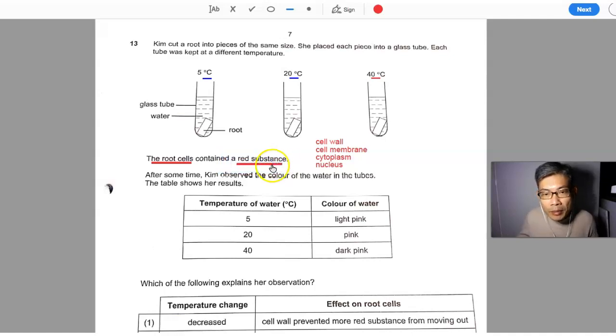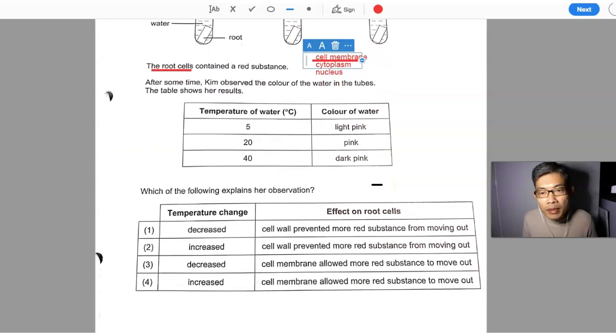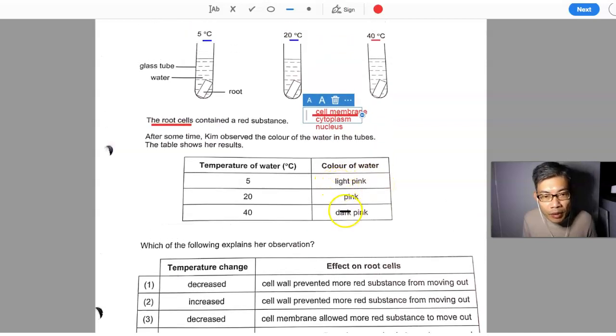And somehow the red substance, and water, you know, it is transparent, right? Some of the red substance could get into the water. You see, it became pinkish or dark pink. So how did it get through? Which of these actually has a function of controlling the movement of substances in and out? That will be the cell membrane. So cell membrane control movement of substances. We know that as temperature increases, more and more of the pink substance inside the roots can enter the water through the cell membrane.